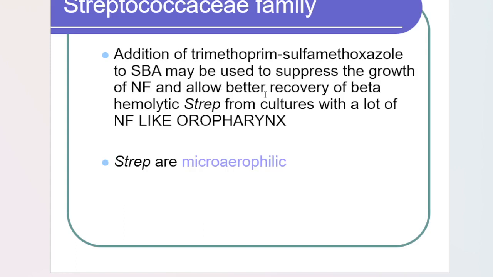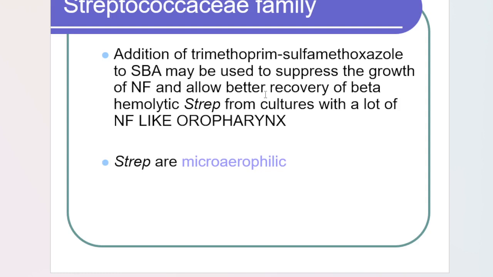So, addition of trimethoprim sulfamethoxazole to SBA may be used to suppress the growth of normal flora and allow better recovery of beta hemolytic strep from cultures with a lot of the normal flora like the oropharynx.